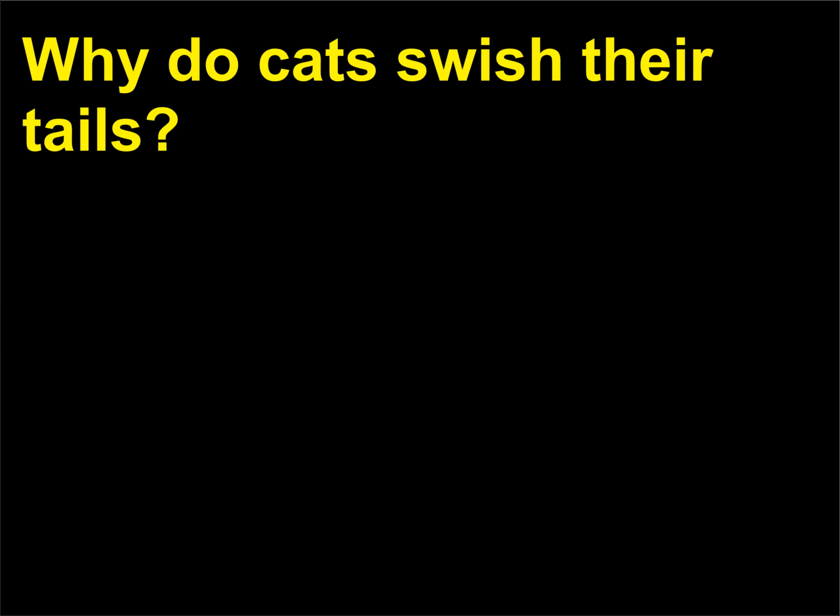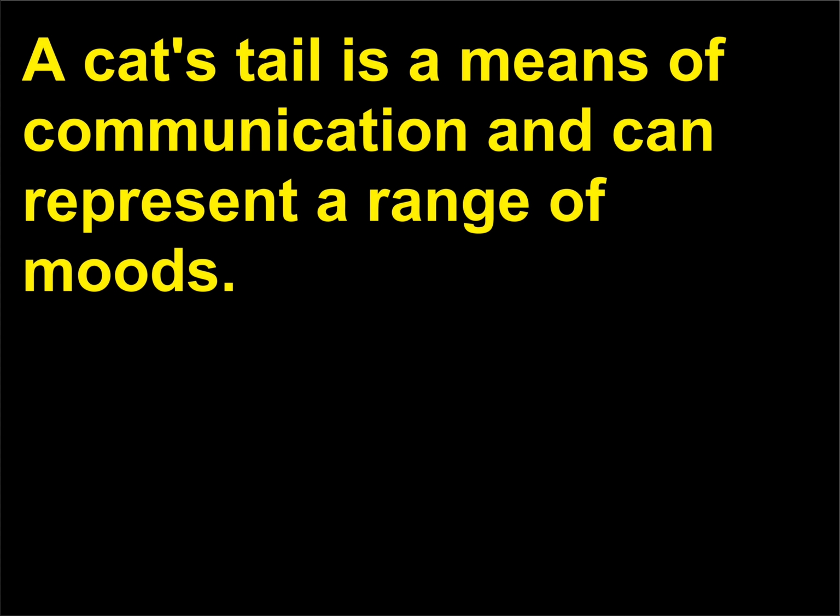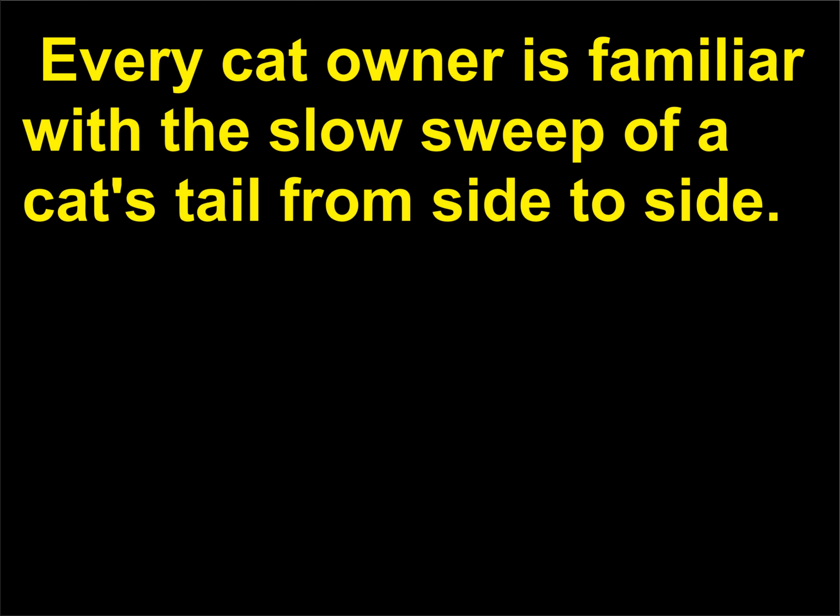Why do cats swish their tails? A cat's tail is a means of communication and can represent a range of moods. Every cat owner is familiar with the slow sweep of a cat's tail from side to side.